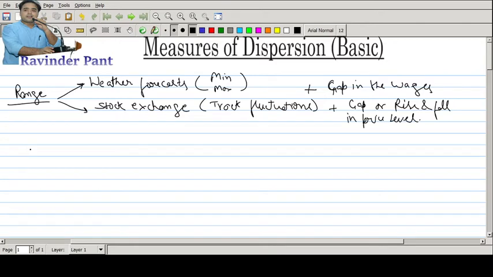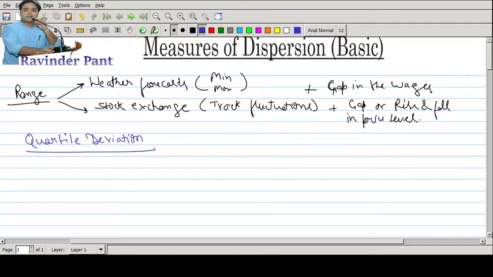The next measure of dispersion we have is quartile deviation. So the moment I say quartile deviation, you should be able to recall the concept of positional averages, and particularly the quartiles.